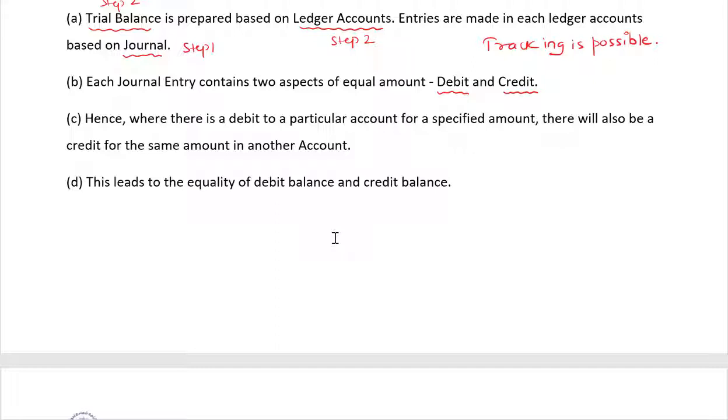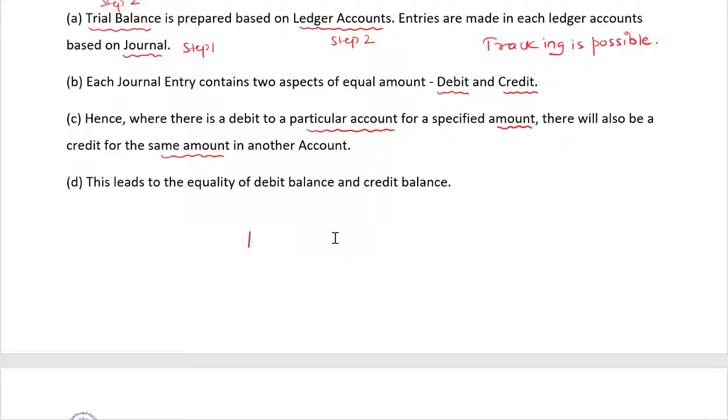But it may also happen that there could be two debits and one credit, or two credits and one debit, or several debits and one credit, or several credits and one debit. It is possible. Hence, where there is a debit to a particular account for a specific amount, there will also be a credit of the same amount in another account.